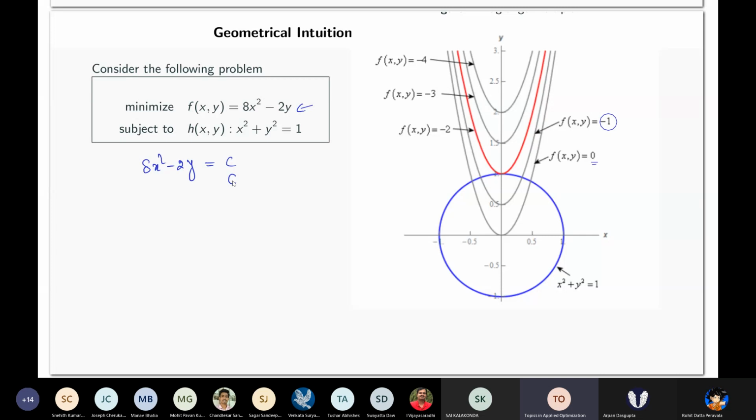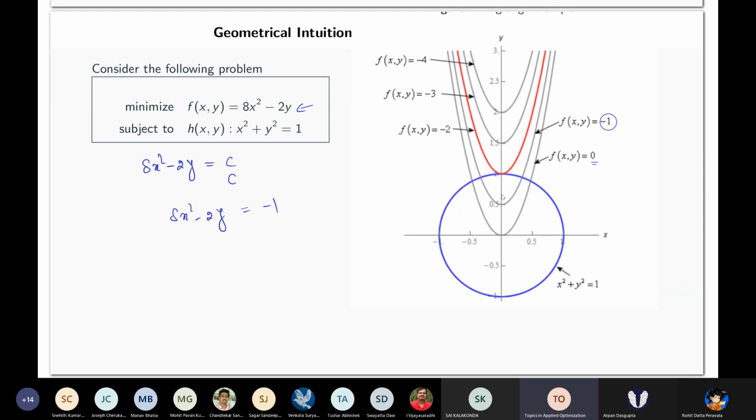So at x squared minus 2y equals -1, at (0, 0) the function value... I think we have to check whether this is the correct plot. Sir, it is a correct plot only, right?